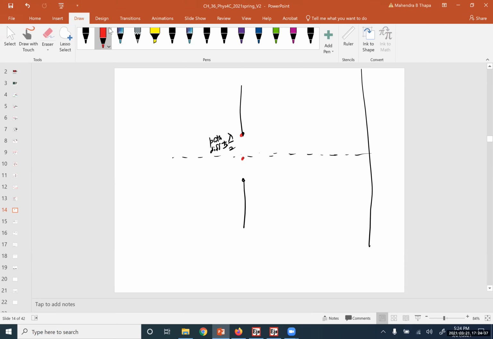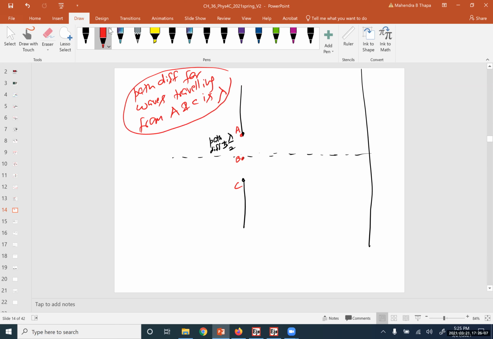Say this is point 1, this is point A, this is point B. But be careful that the path difference for waves traveling from A and C is lambda.